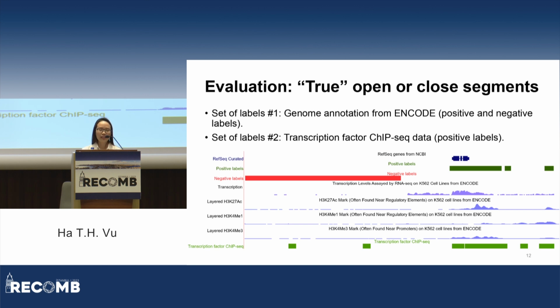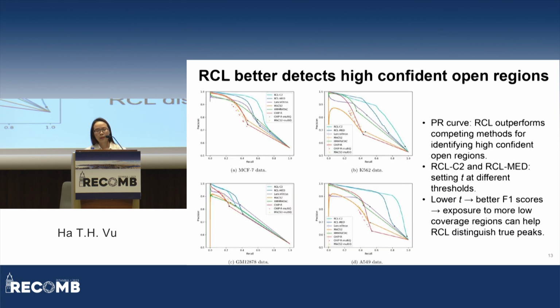The negative labels often correspond to quieter regions in the genome, where the chromatin and nucleosomes tend to be closed up together. One thing I want to note is that the labels do not cover every possible position in the genome, which leads to an additional downstream analysis.